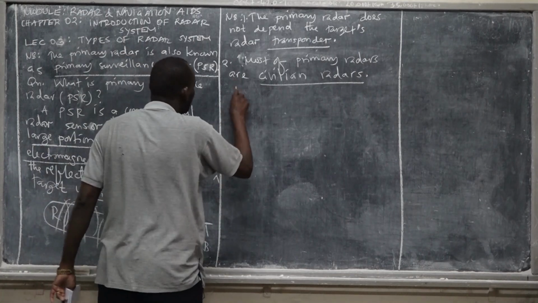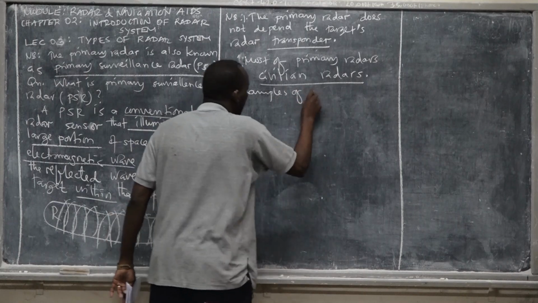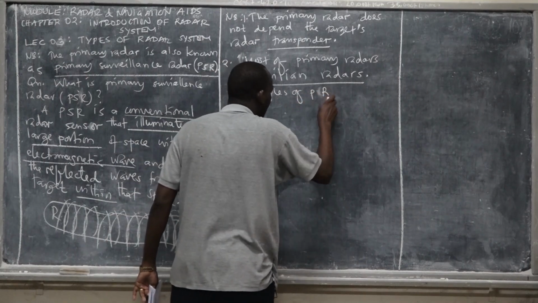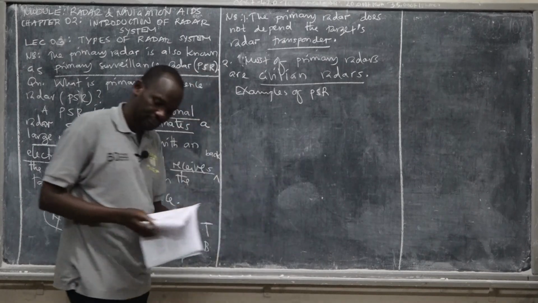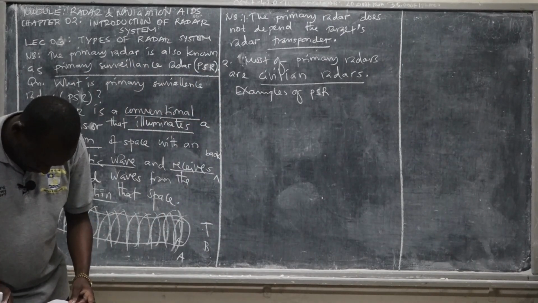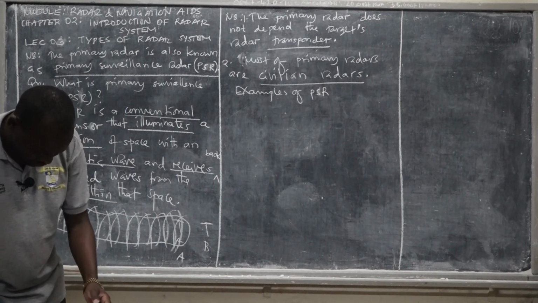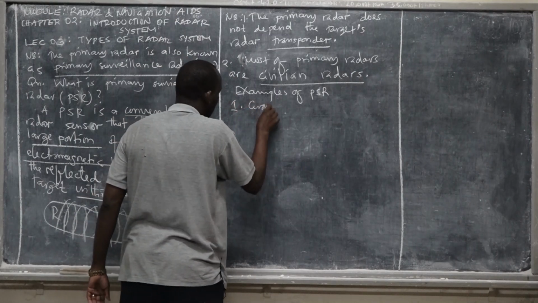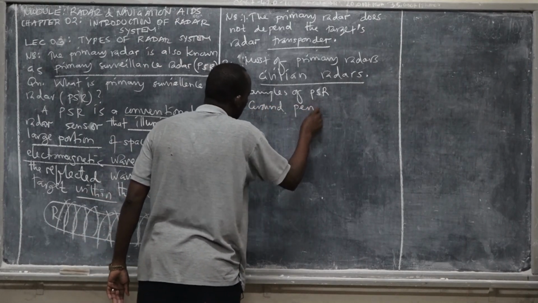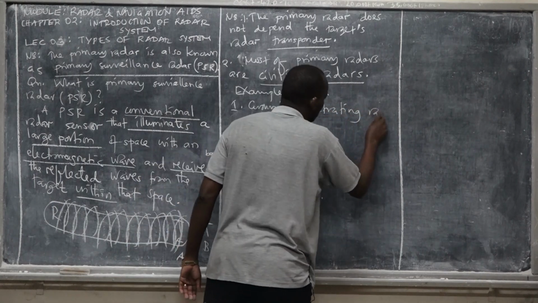Okay, so examples of primary surveillance radars. The first one is called the ground penetrating radar.